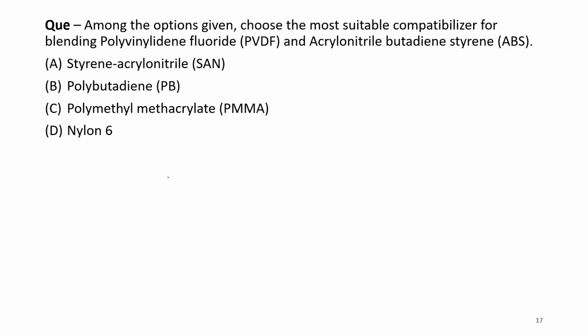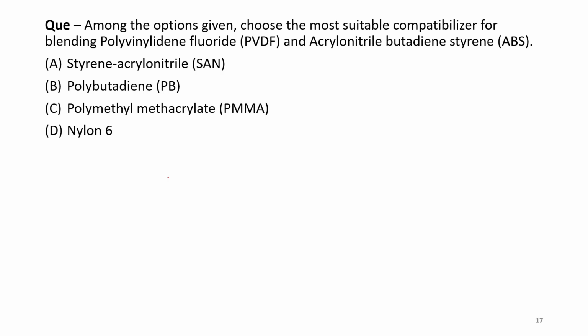Among the options given, choose the most suitable compatibilizer for blending PVDF, which is polyvinylidene fluoride, and acrylonitrile butadiene styrene, ABS. Option A, styrene acrylonitrile SAN, B, polybutadiene PB, C, polymethyl methacrylate PMMA, D, nylon.